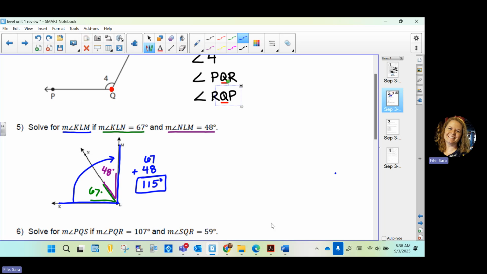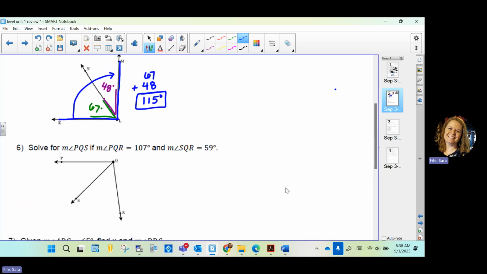All right, here, similar problem. And actually, I'm going to use the colors I used in our notes. We said red plus blue equals purple is what we did in our notes. So we did the smaller angle. Okay, so this one says solve for PQS. So PQS is one of the smaller angles.